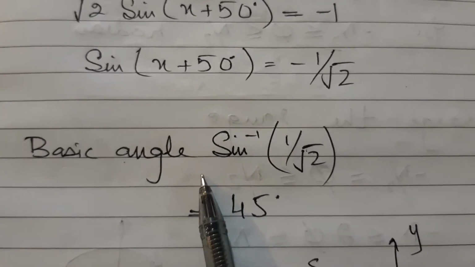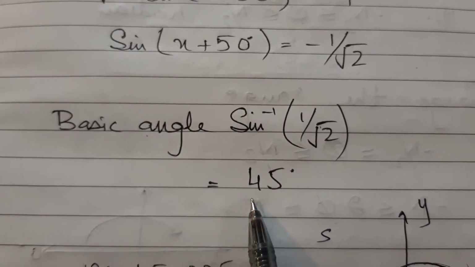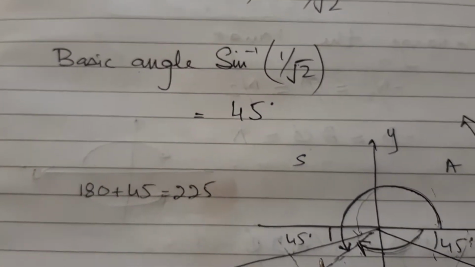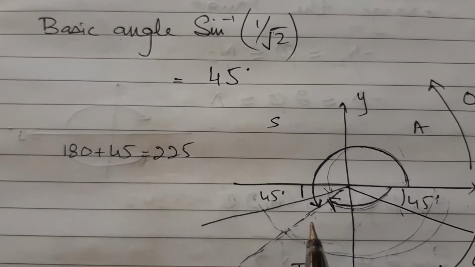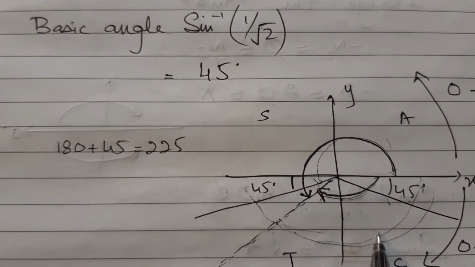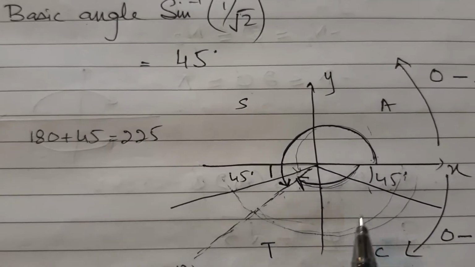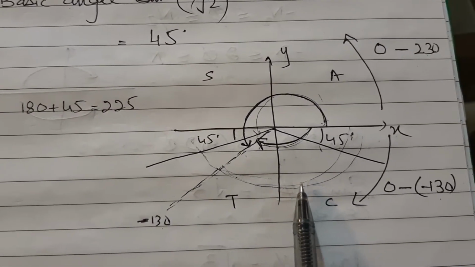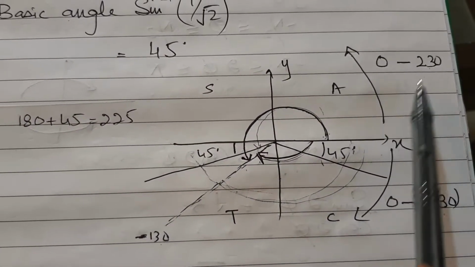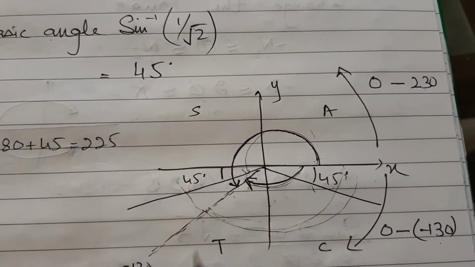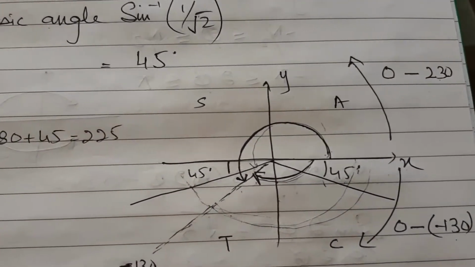So now my basic angle is 45 degrees and my general angle will be in the third and fourth quadrant. The rotation is from 0 to minus 130 and 0 to 230 according to the range we have gotten after changing it.